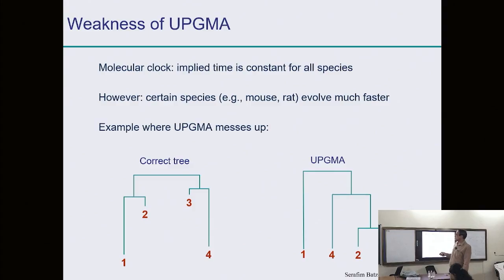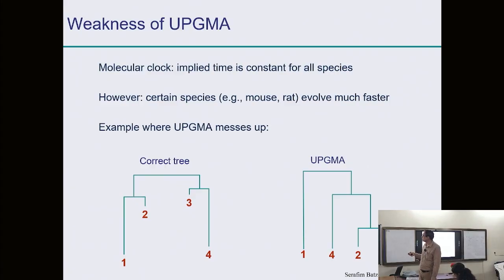Let us consider this tree, and in this tree you can see that from the ancestral node, 1 has evolved rapidly, but 2 is evolving slowly. And on the other side, 3 is evolving very slowly and 4 has evolved rapidly.